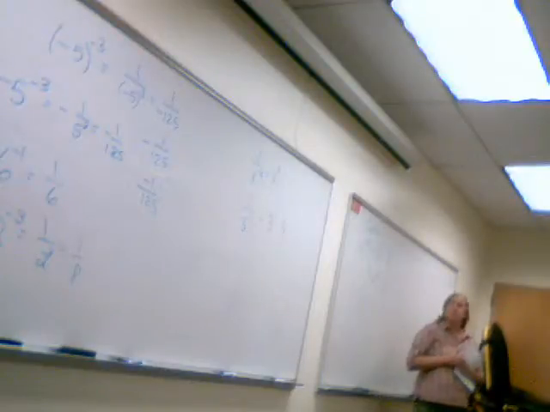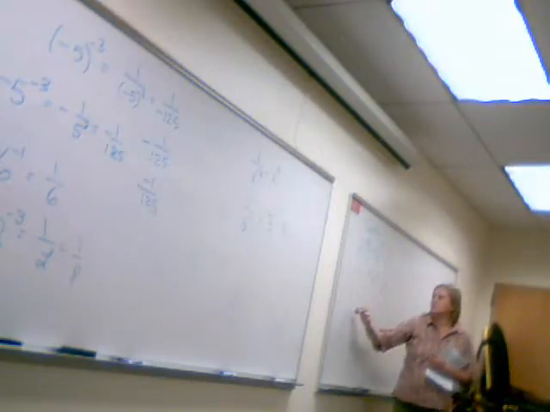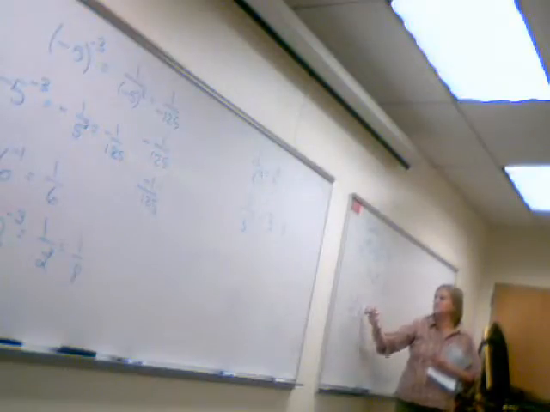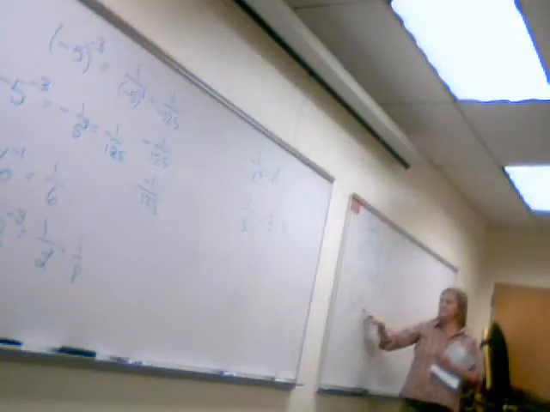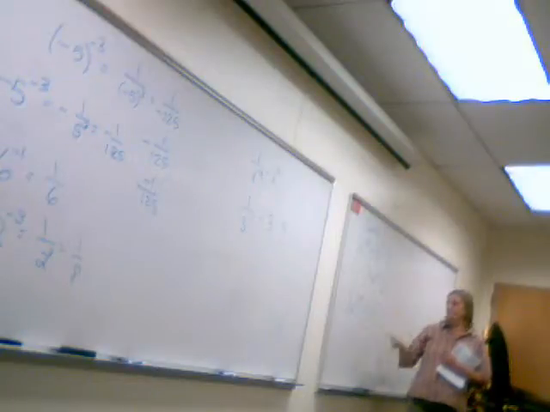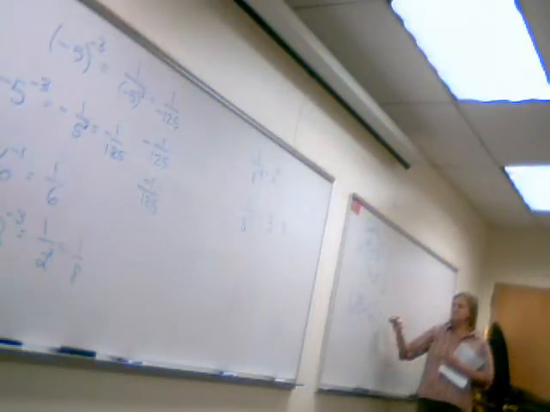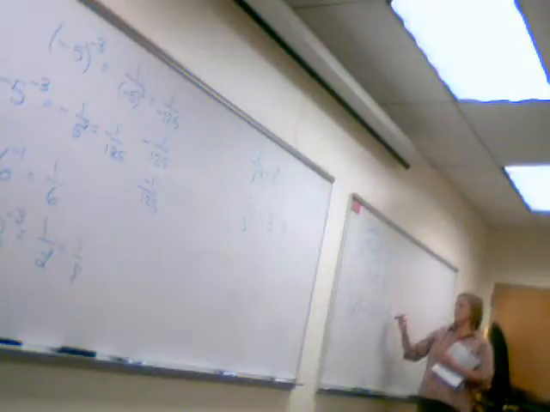What if the 6 is negative? That's a good question. Let's rewrite this problem. One way is to flip it first, then take the negative exponent and flip the whole thing again, and then multiply.